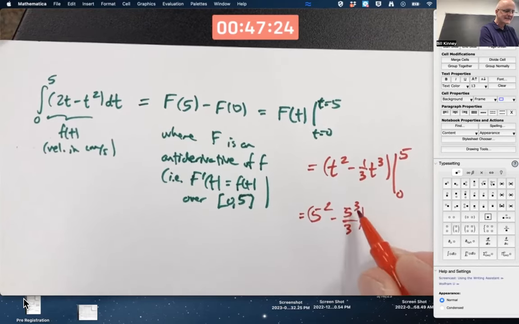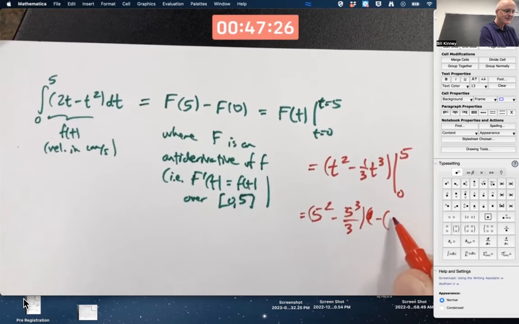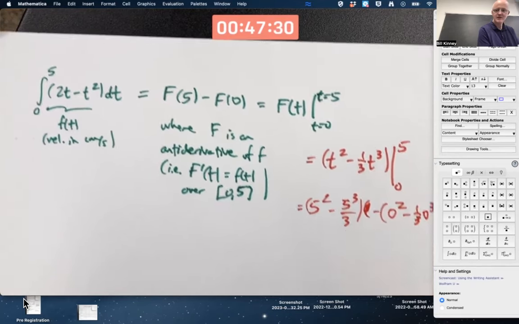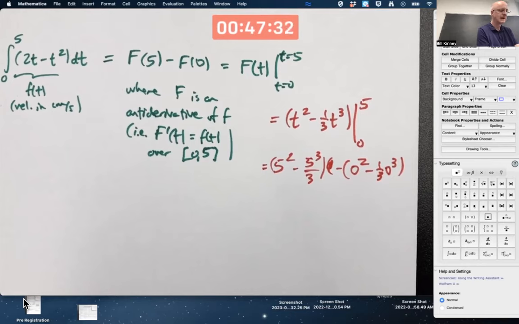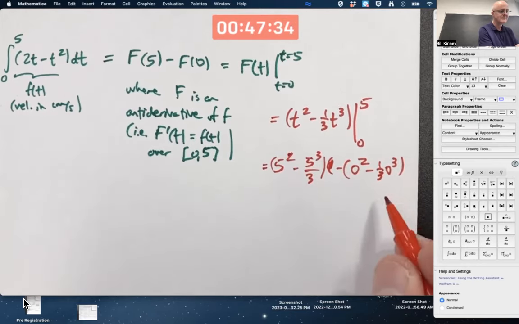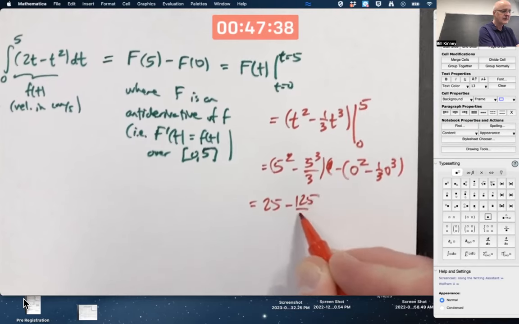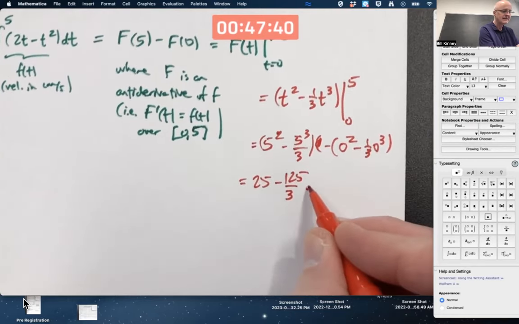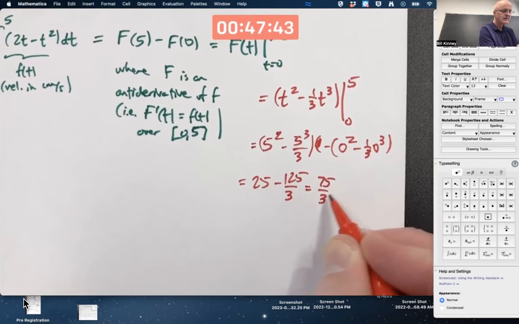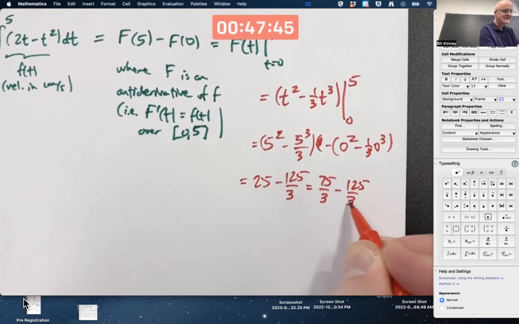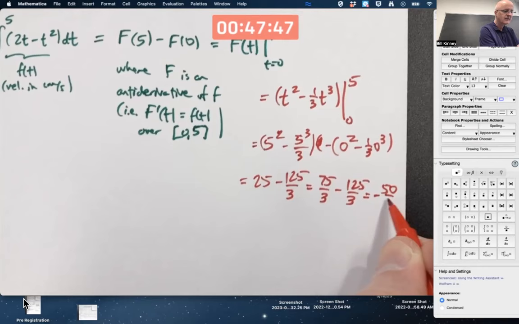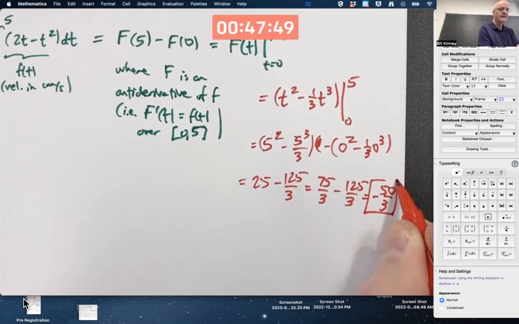I'm feeling like we did this exact same problem as last time with the FTC, at least. I'm putting the zeros in there to emphasize they should be in there, but sometimes because they're zeros, you get 0. Yeah, in the end, we get 25 minus 125 over 3, getting a common denominator of 3. That's 75 over 3 minus 125 over 3. Yes, that's negative 50 over 3. Same answer as before.